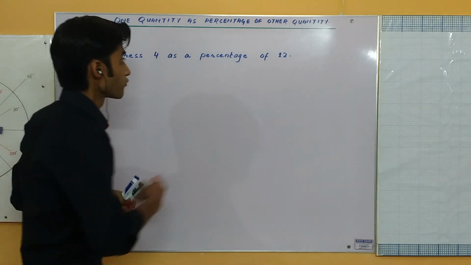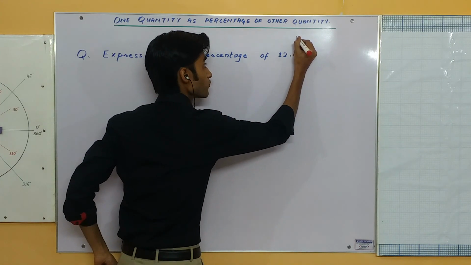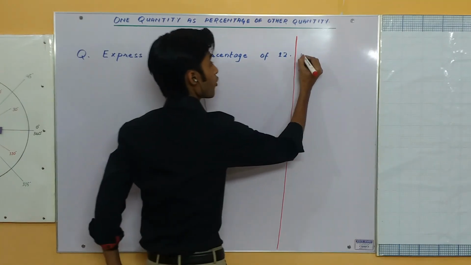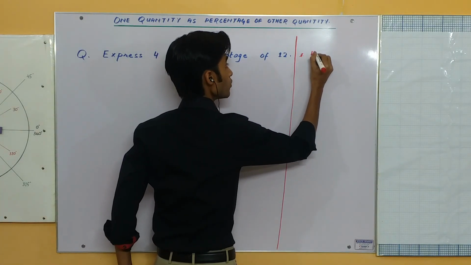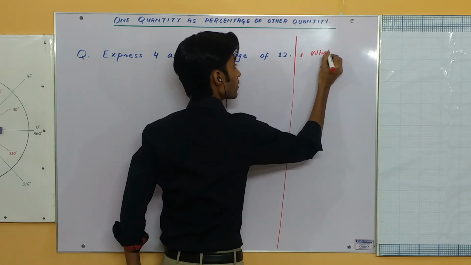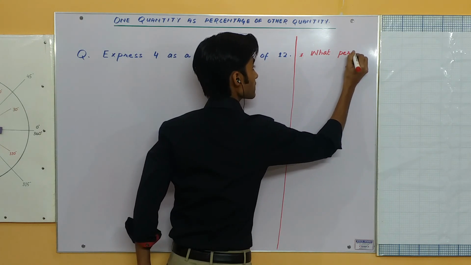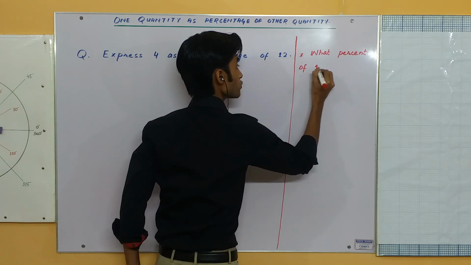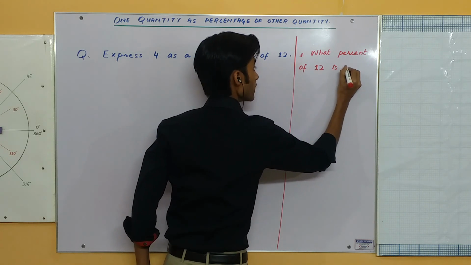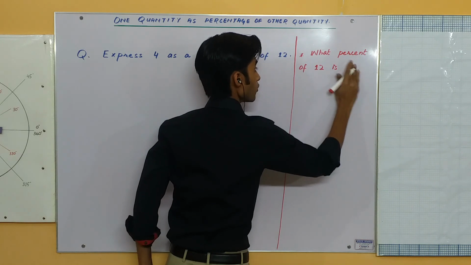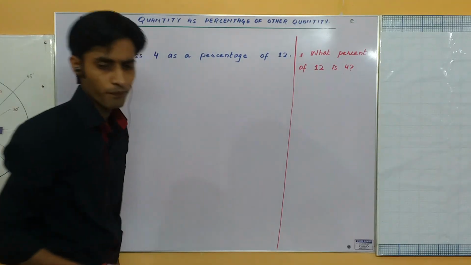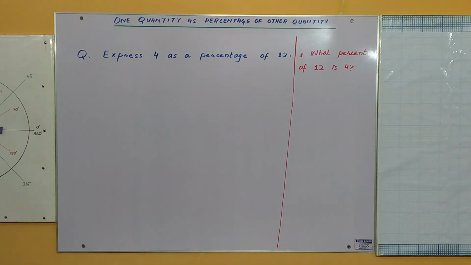So when I say express 4 as a percentage of 12, this question may also be asked as, what percent of 12 is 4? This is another way of asking the same question.